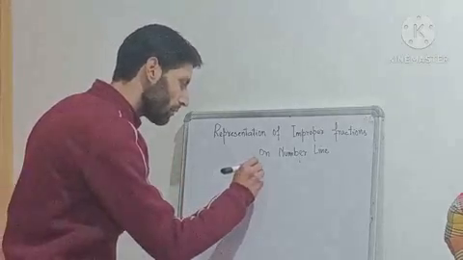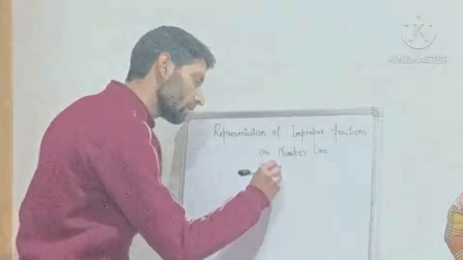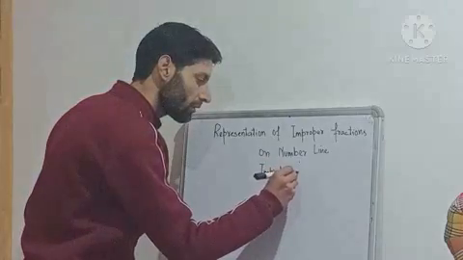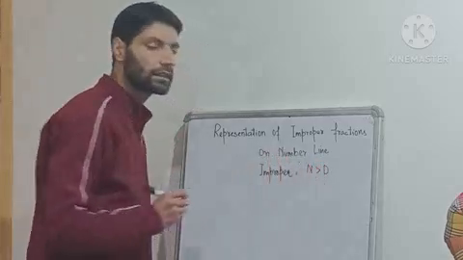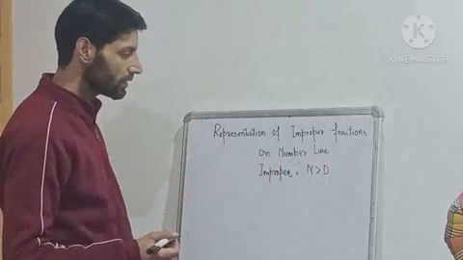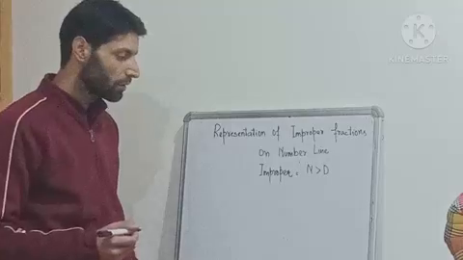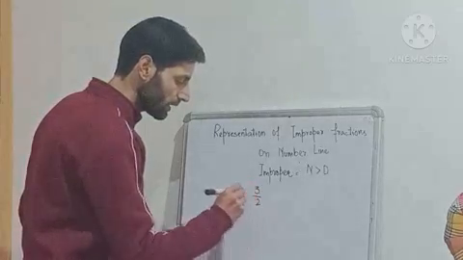We know that improper fractions are those fractions where numerator is greater than denominator. So we can take few examples of improper fractions as 3/2.